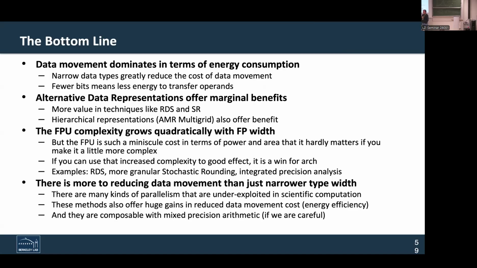You have to add those random bits to the trailing bits, and you need more information in order to bias the stochasticity towards rounding up or rounding down. If you have a 16-bit format and 16 bits internal to the ALU, the best you can do is a coin flip. We want to do better than a coin flip, and we want to see if there's a benefit to being better than a coin flip.